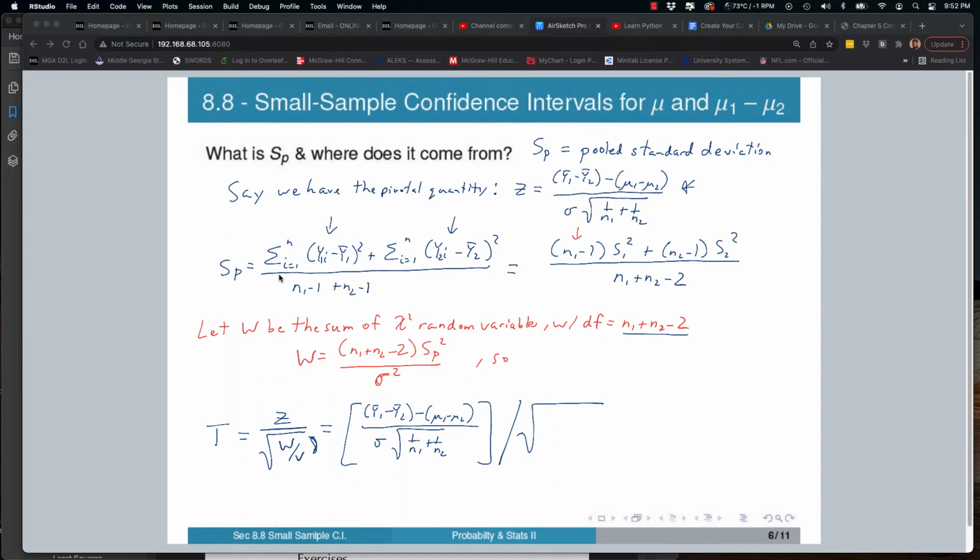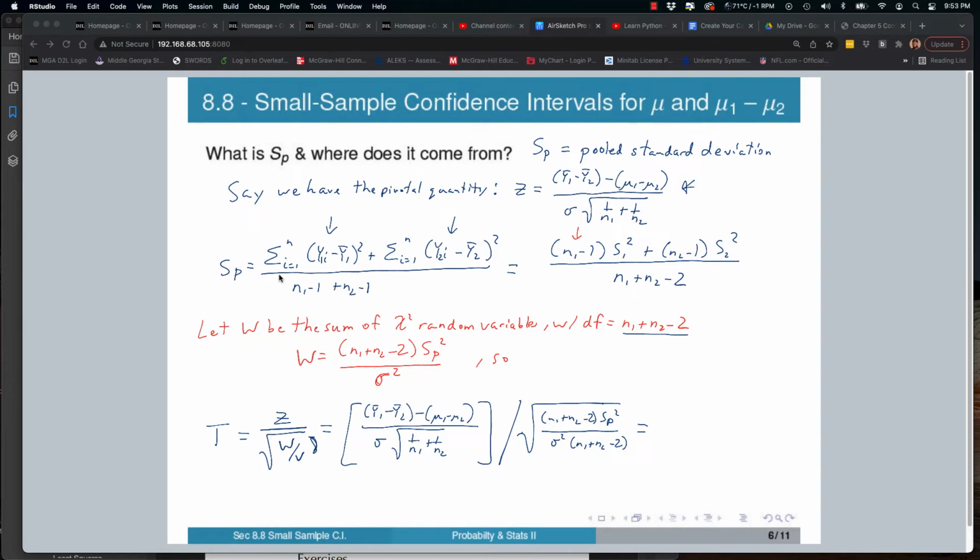So we end up getting the chi-square w value, which is n sub 1 plus n sub 2 minus 2 times the pooled standard deviation squared, all divided by sigma squared times n sub 1 plus n sub 2 minus 2. I'm skipping a step there, obviously. That was that whole thing divided by it, but it ends up in the denominator when we flip everything around.